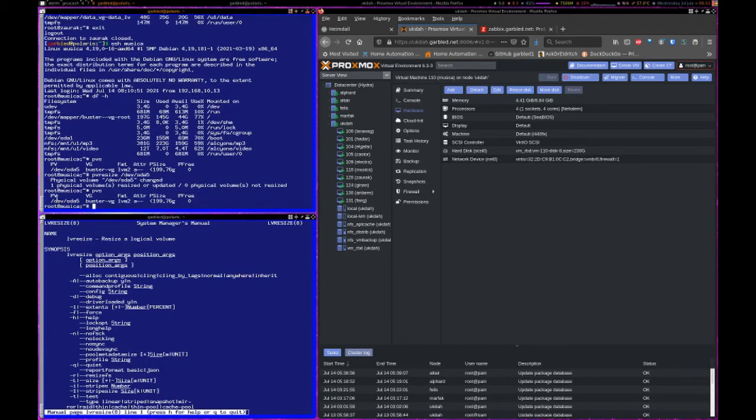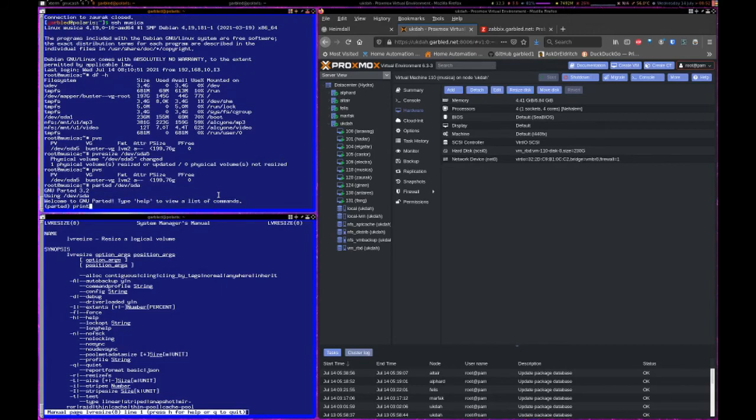That is because under Proxmox, the root drive is set up partitioned. So we need parted. And we need to work on the base of the disk. This is SDA5, but we need to work on SDA.